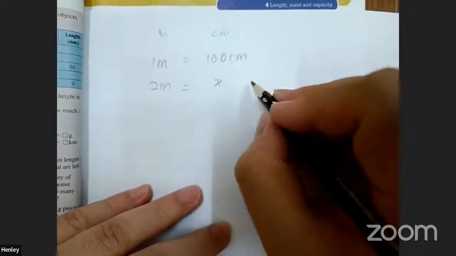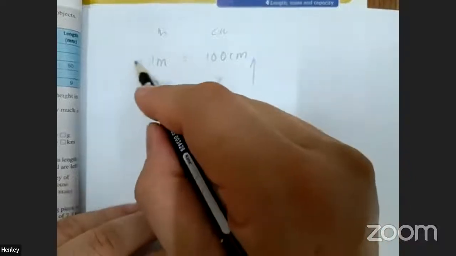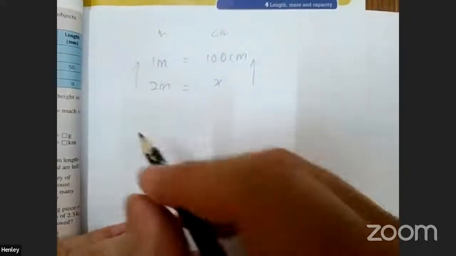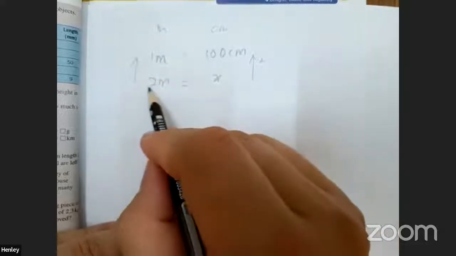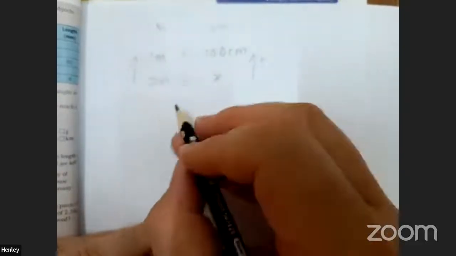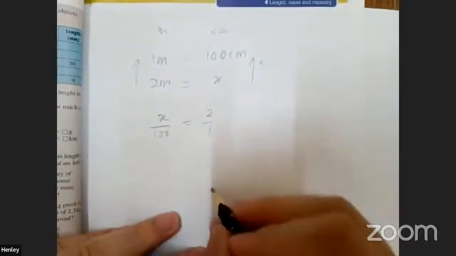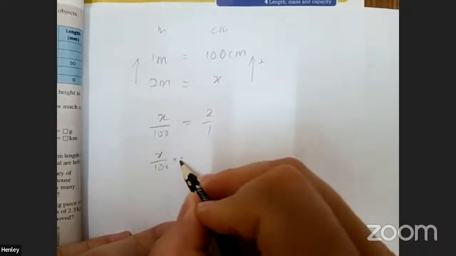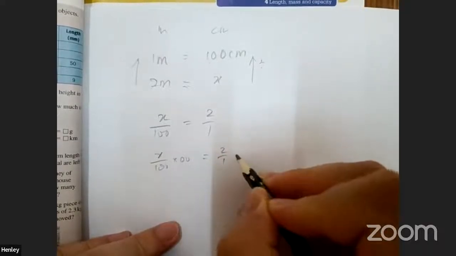So you can always draw an arrow up. And this arrow means ratio. So it's actually x divided by 100 is equal to 2 divided by 1. So x divided by 100 times 100 equals 2 over 1 times 100.